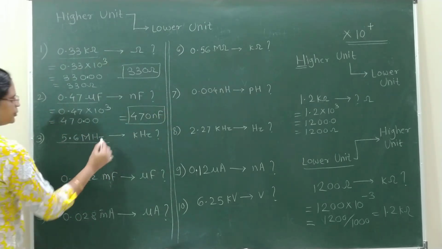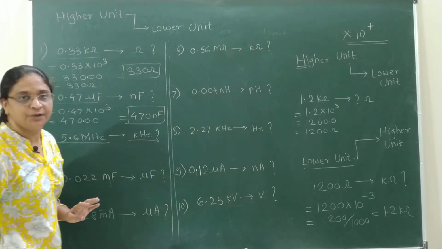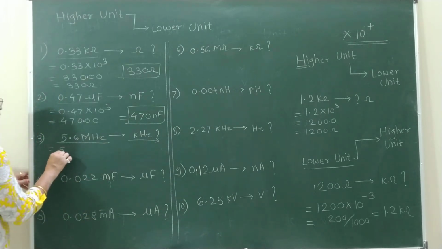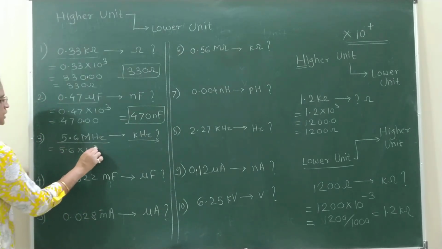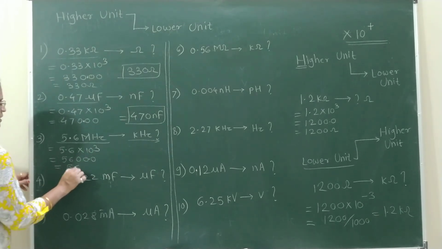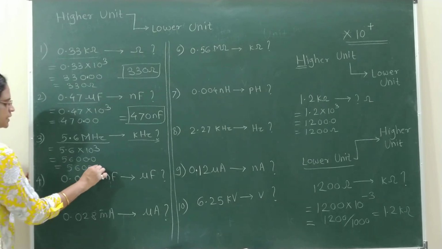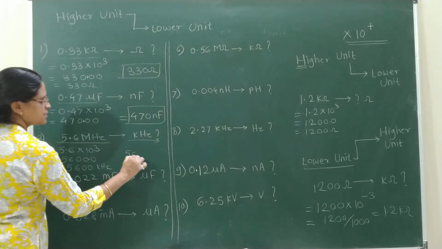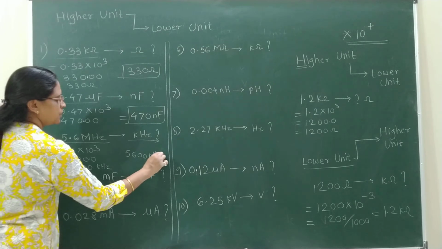Third one, 5.6 megahertz is to be converted into kilohertz. That is 5.6 into 10 raised to 3. It shows 5, 6 and 3 zeros. Adjust one decimal point. It becomes 5600 kilohertz.